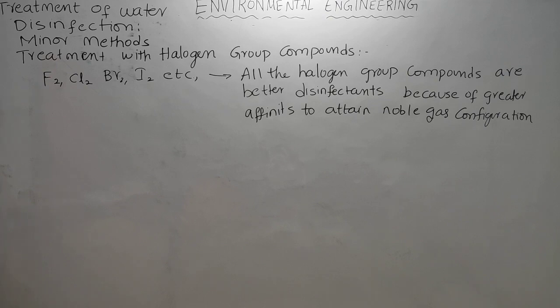That is why I have told you that instability leads to better disinfection capability and also greater affinity. The halogens are stable in their molecular form, but they have a very great affinity to gain electrons and become noble gases. That is why they easily react with any kind of compound which comes in their vicinity.